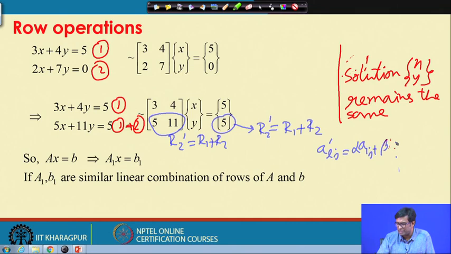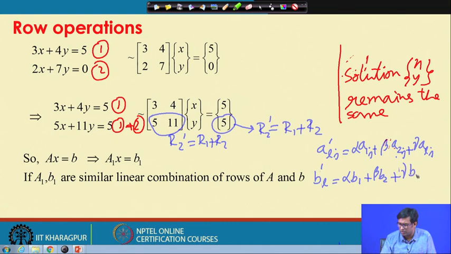So, alpha A 1 j plus beta A 2 j plus say gamma A L j, and a similar operation we do in all terms of the right hand side matrix B, that is B prime L is equal to alpha B 1 plus beta B 2 plus gamma B L.